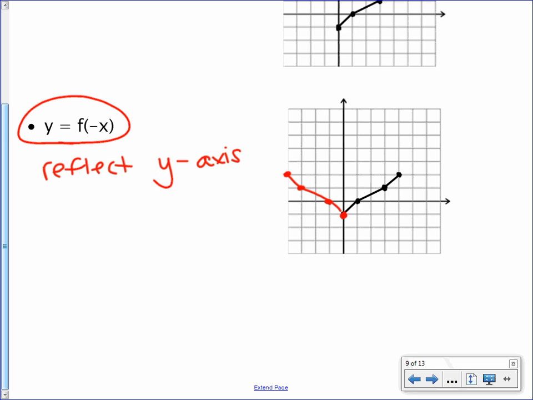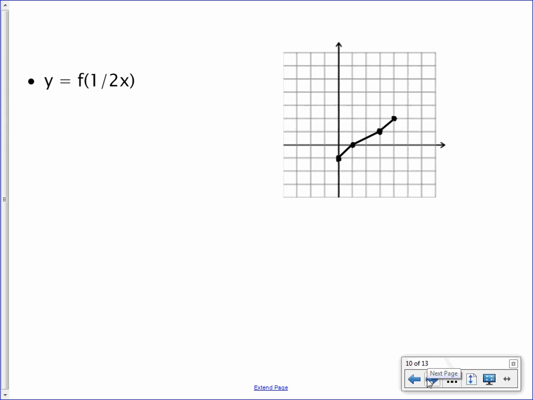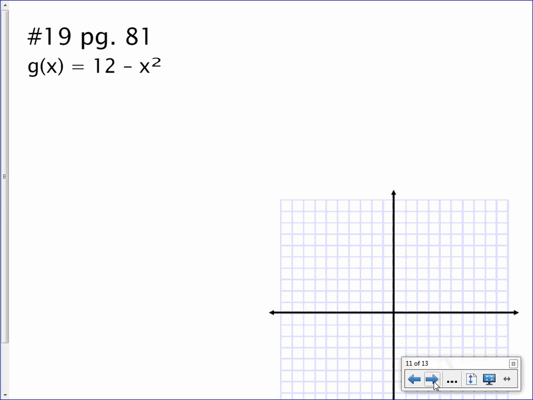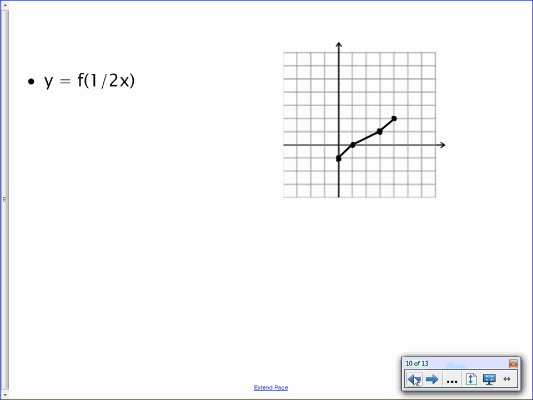Last kind of problems you will encounter will be, well, we might want to do this one. What is this if it's on the inside? Horizontal. In this case, it's a shrink. So we would take our, well, is it a shrink?